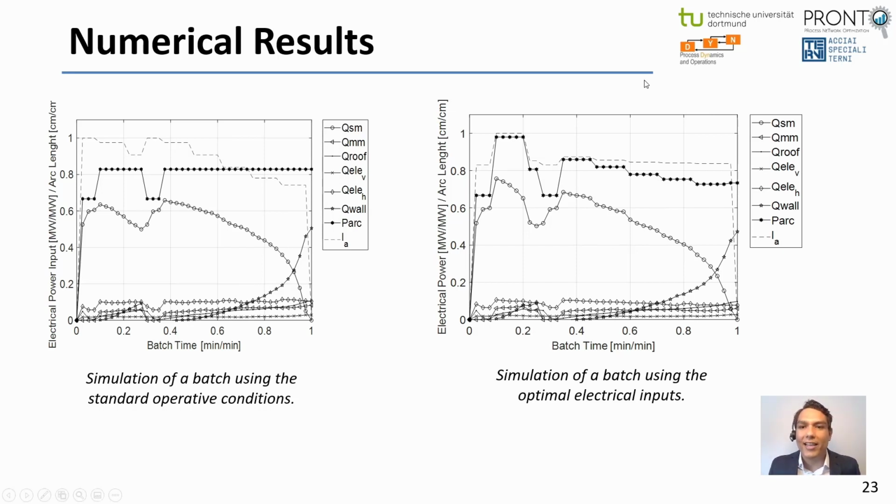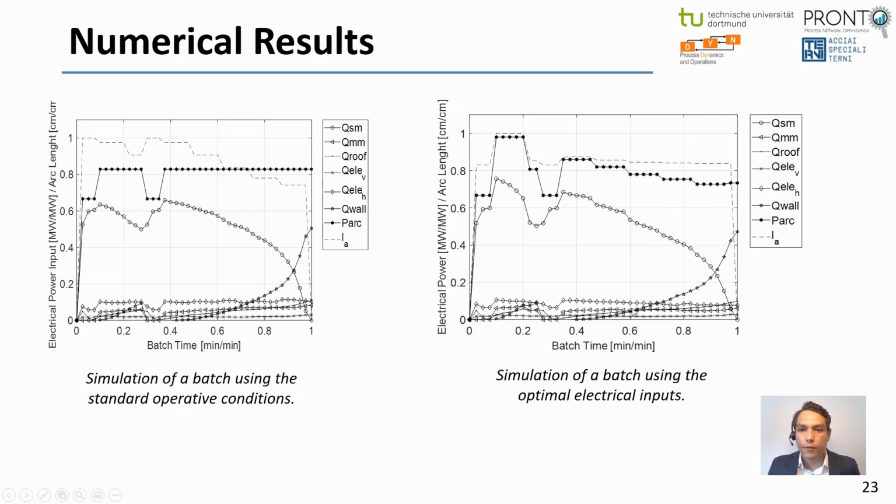A very interesting divergence from the standard operative practices is that the algorithm also aims at keeping the arc length as long as possible. So while in the standard operations the arc length is reduced, in the optimal operations the arc length is maintained as long as possible.